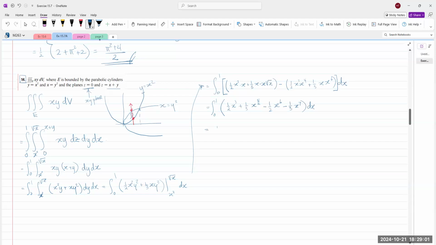So that will be integral from 0 to 1 of a polynomial. So that's 1/2 times 1/4 plus 1/3 times 2/7 minus 1/2 times 1/7 minus 1/3 times 1/8.